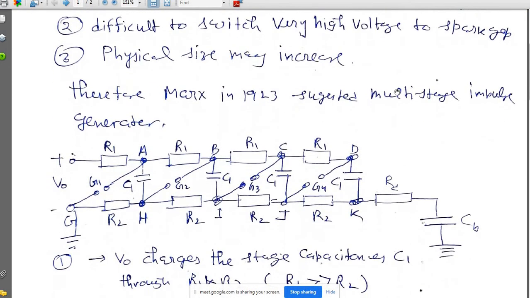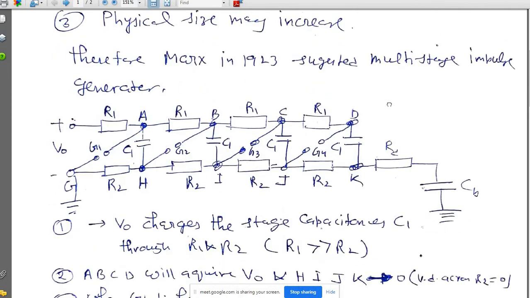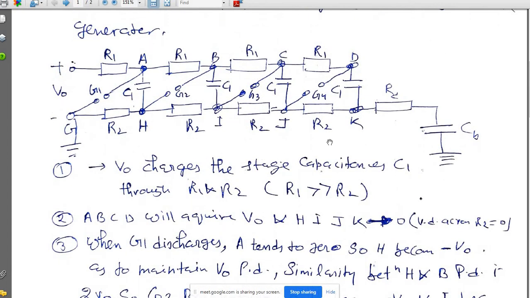So this is the picture of the multi-stage impulse generator. It is a combination of resistances and capacitances like the single stage impulse generator. In the single stage impulse generator, G1 is the only gap.